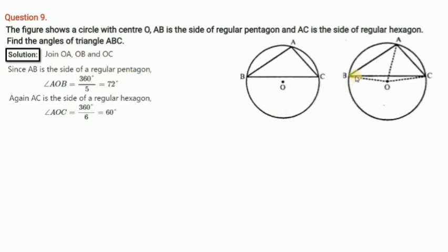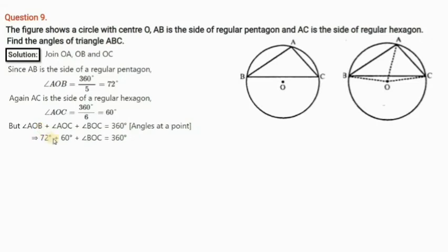Now let us see what this angle BOC is. BOC plus this angle plus this angle altogether gives me one full round, which is 360 degrees. So AOB plus AOC plus BOC is 360 degrees.